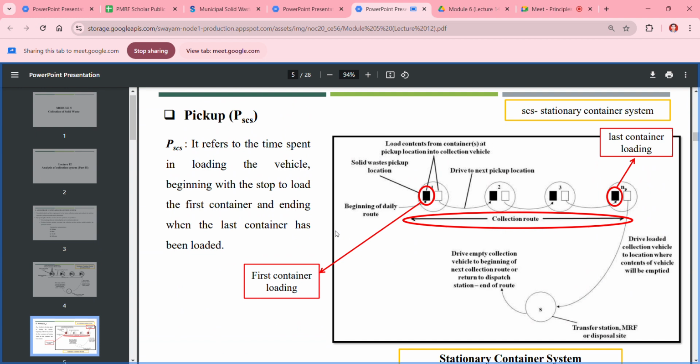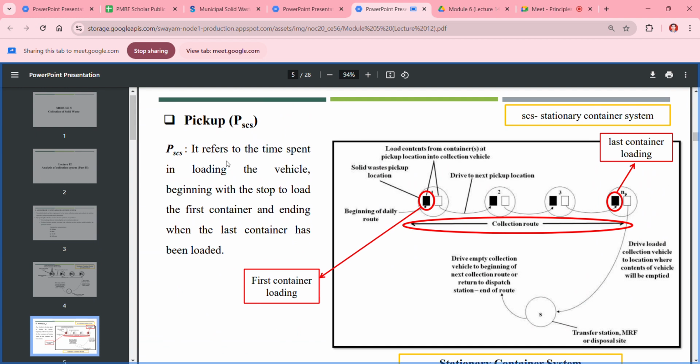Coming to the pickup, it refers to the time spent in loading the vehicle, beginning with the stop to load the first container and ending when the last container has been loaded. So pickup time is basically this. The time will start from this point.